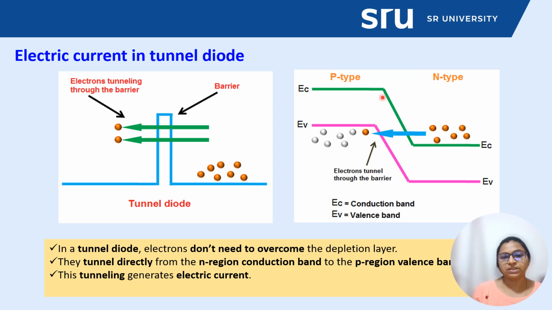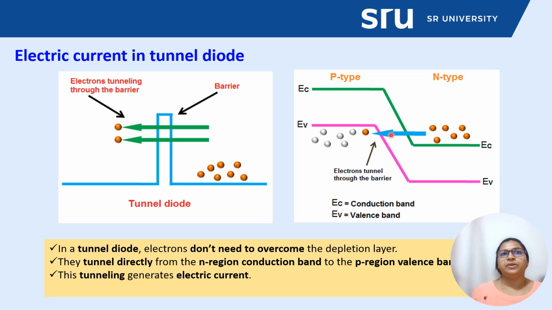If we look at the barrier height, the conduction band of the P type and the conduction band of the N type are far apart, but nearer to this energy level is the valence band of the P type. So the electron can tunnel through the barrier and come here, because these are very close to each other, overlapping with the valence band of the P type.